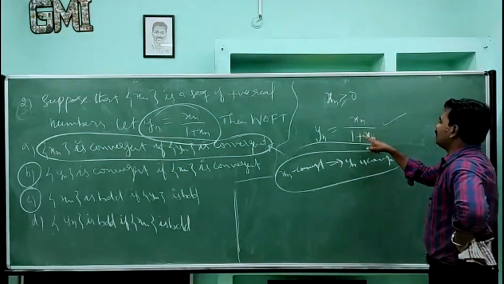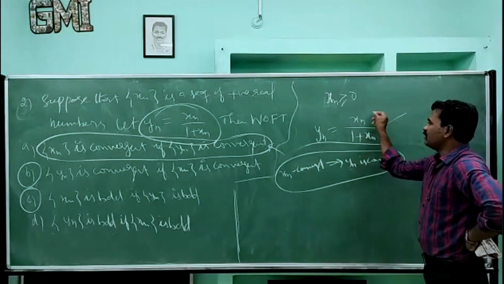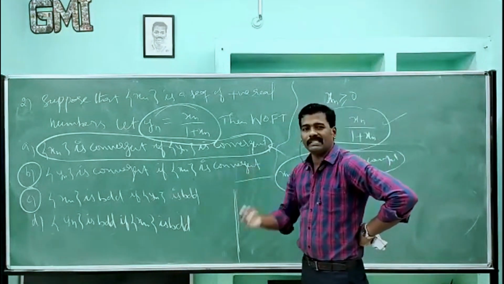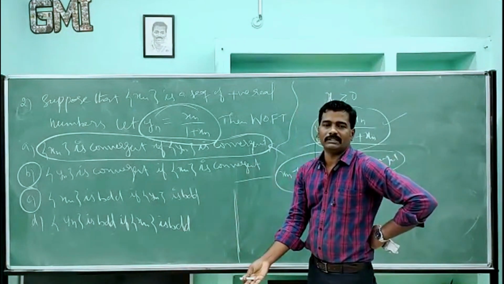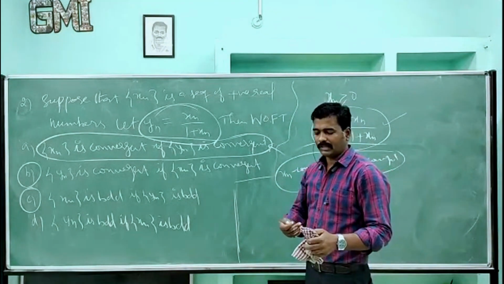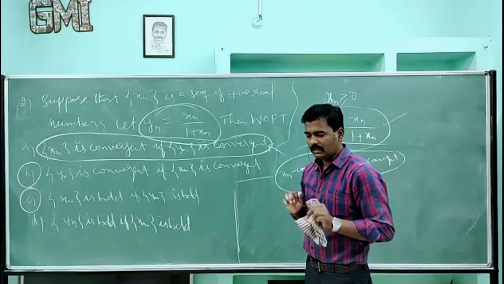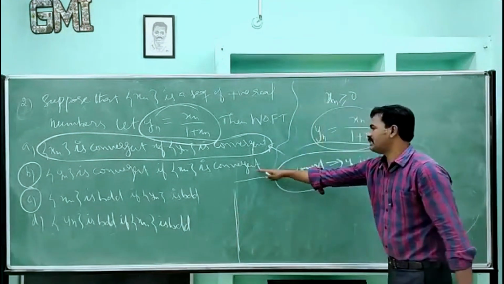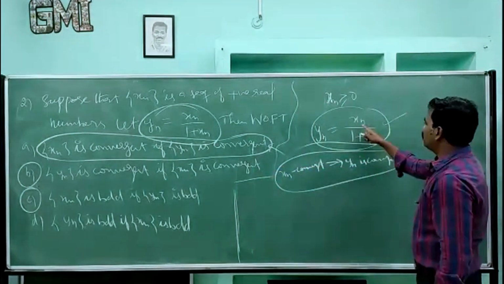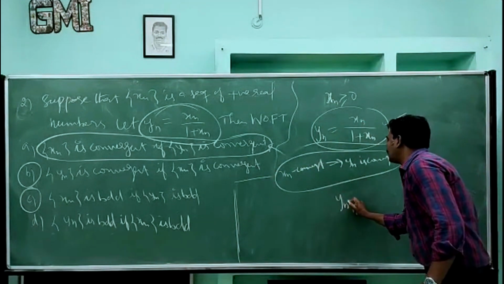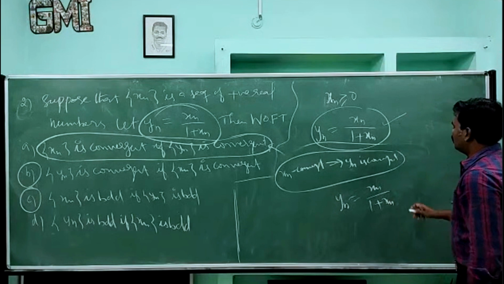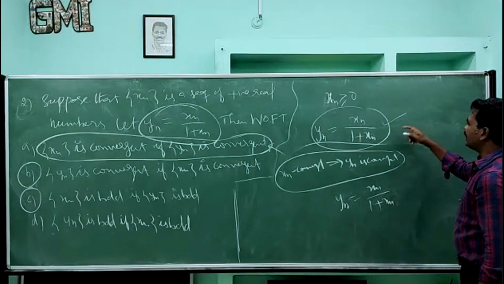Yn equal to xn by 1 plus xn. This is the defined yn sequence. The second option means whenever xn is convergent, yn is convergent. Suppose I have a sequence xn convergent, does this imply yn is convergent? That is the question.